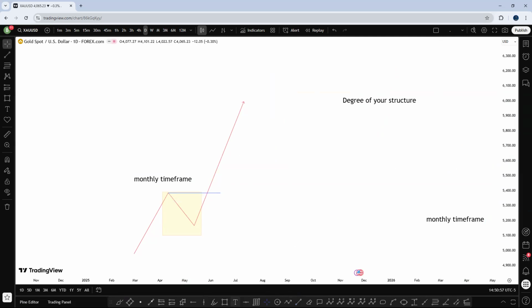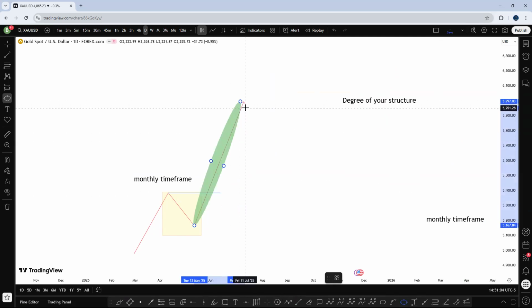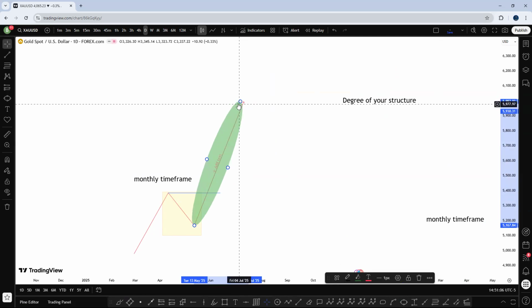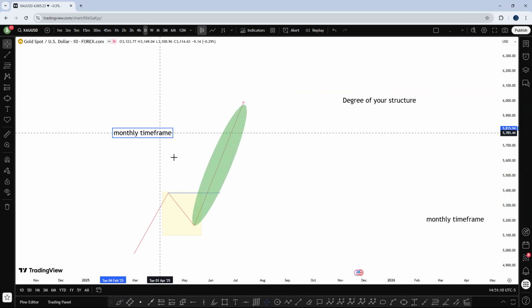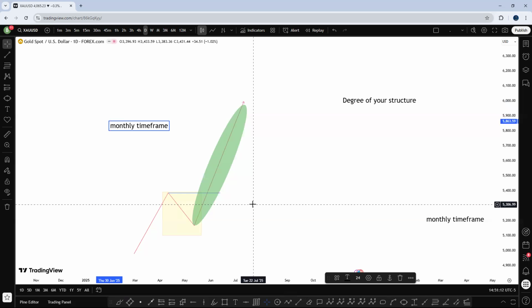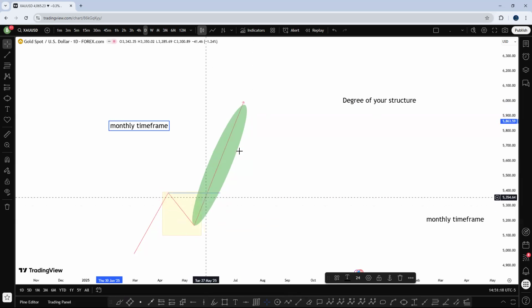Your next job should be: what kind of market structure is price using to create this trend?